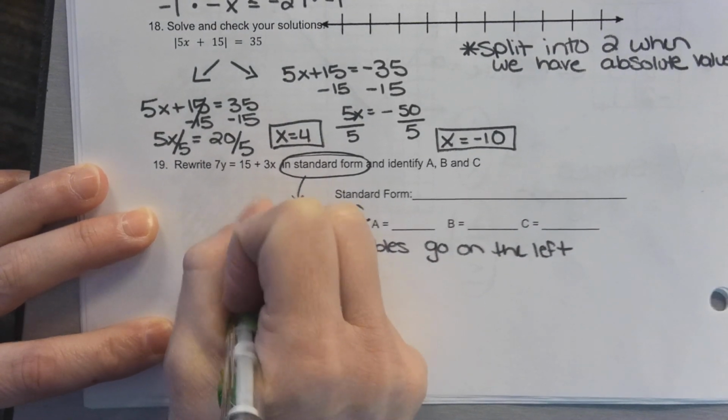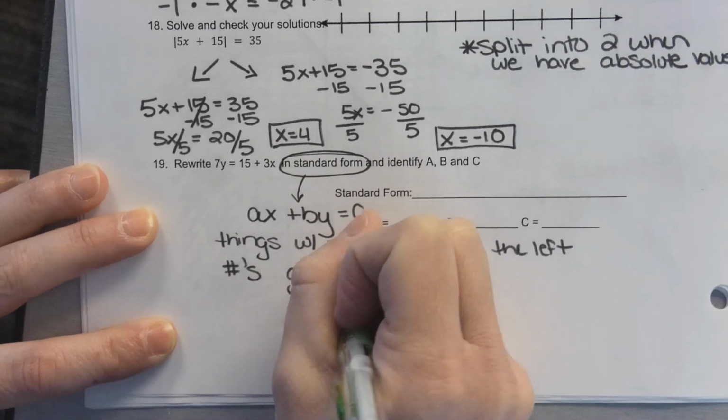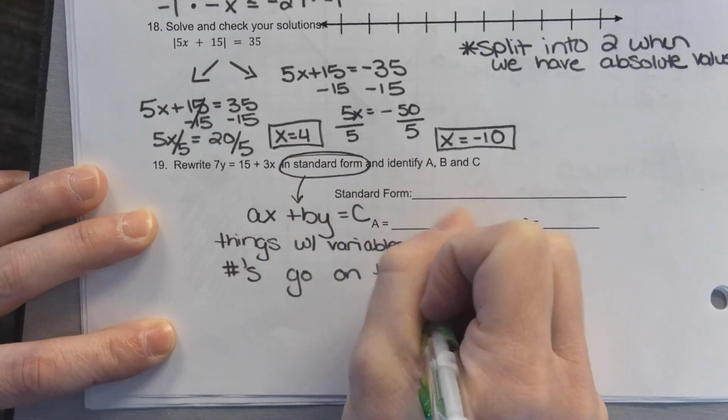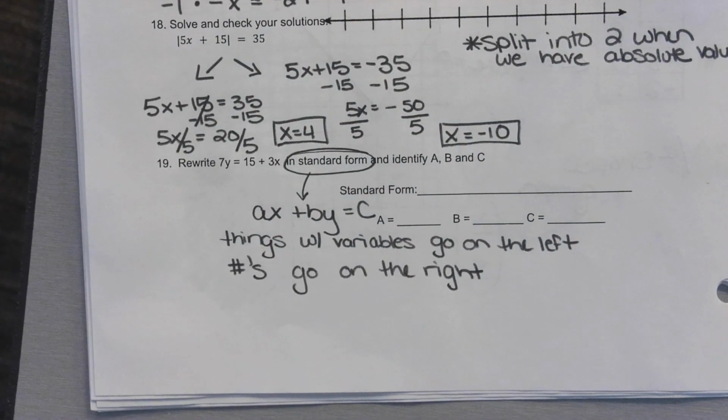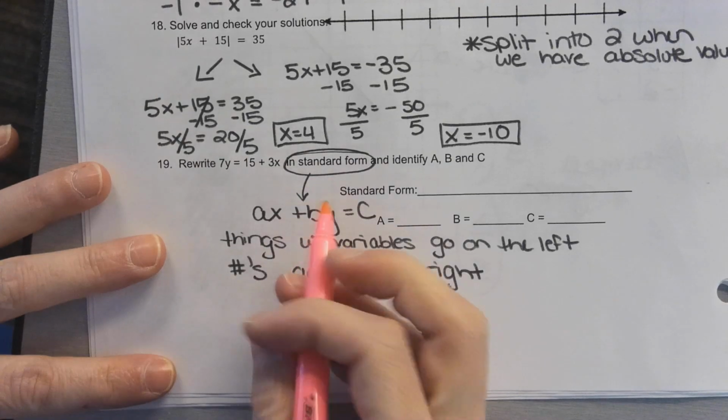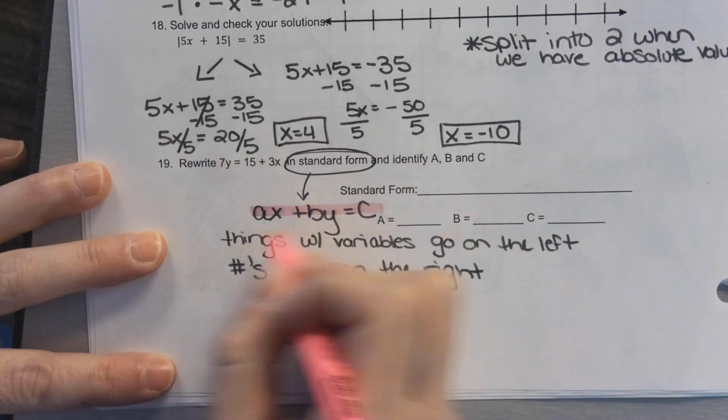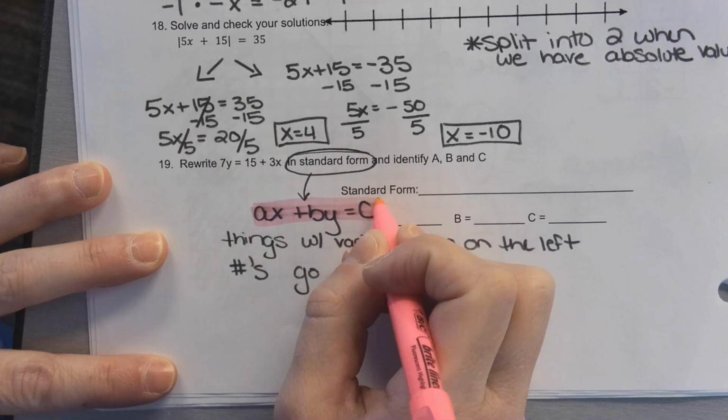Numbers by themselves go on the right. So things with variables go to the left, numbers go to the right. So this is the equation though, this is the important piece.